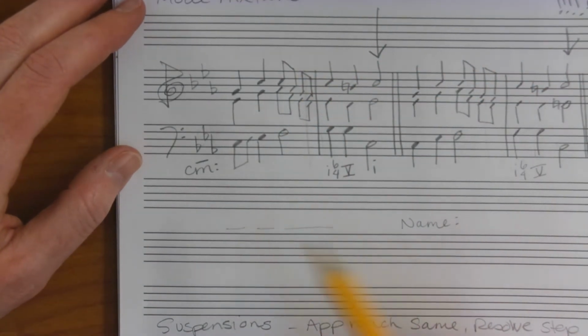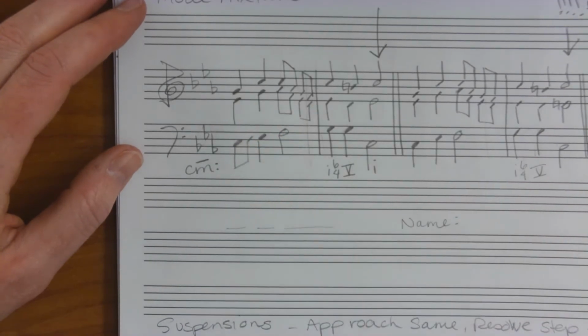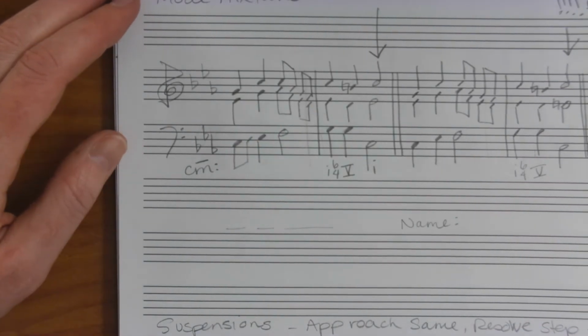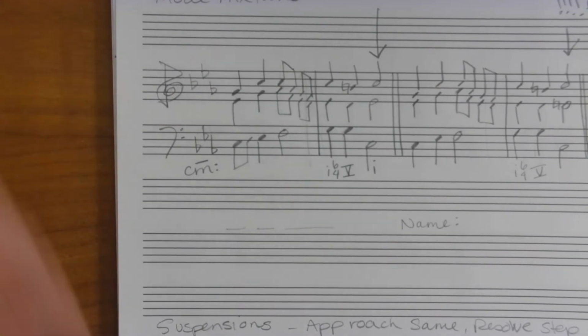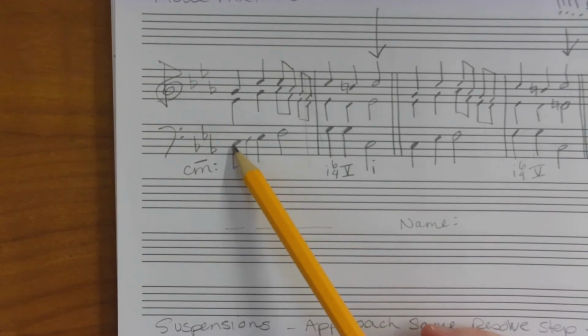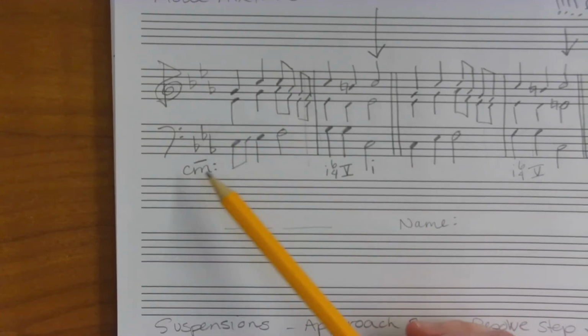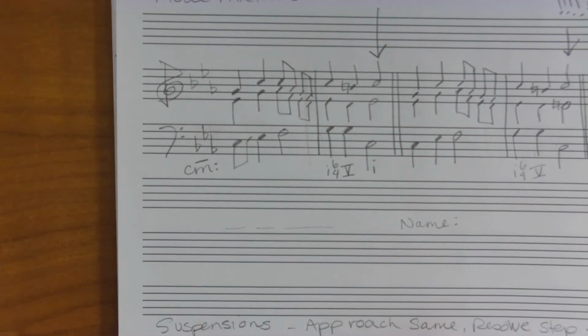Well, here you have C, D, E, and G. You have to account for every note when you're doing Roman numeral analysis, and now we add non-chord tones into the mix. So if I have C, D, E, G, and I'm in the key of C, that looks like C, E, G with this extra D hanging around.